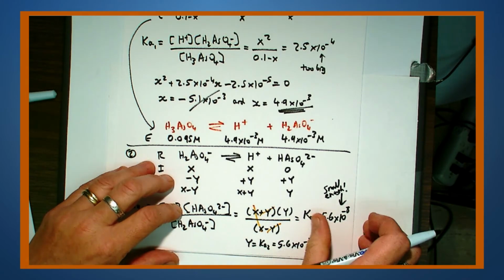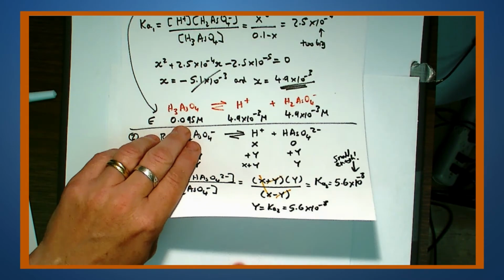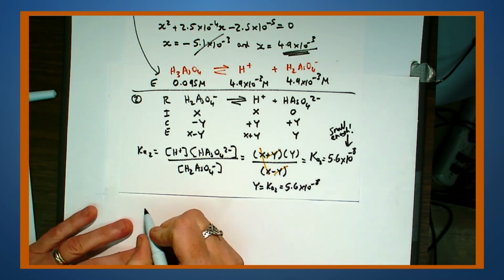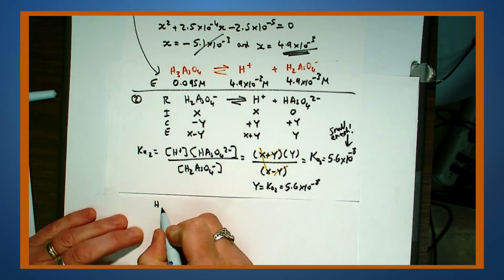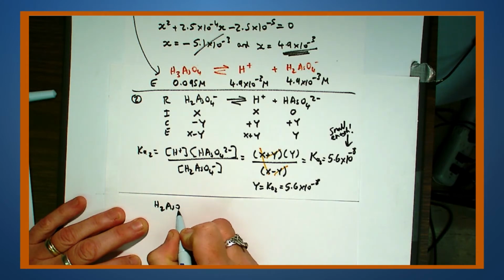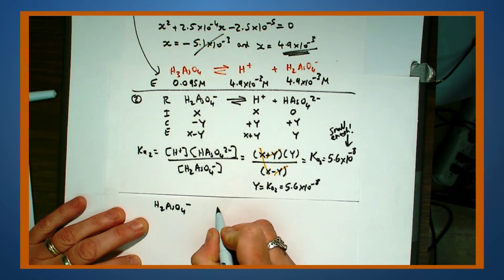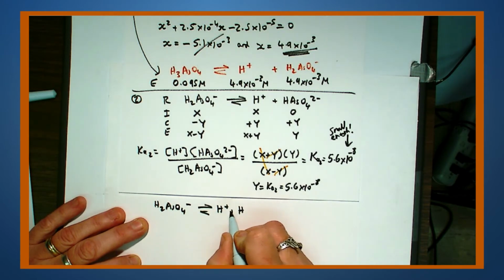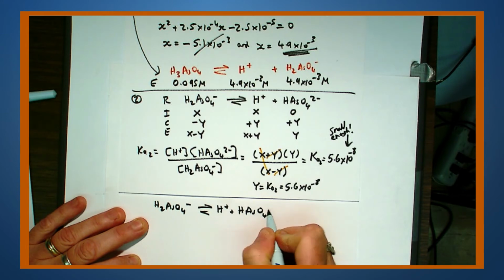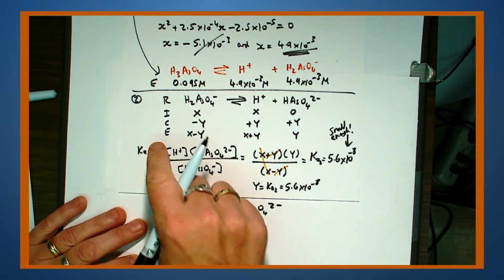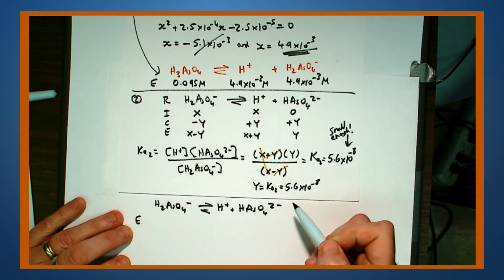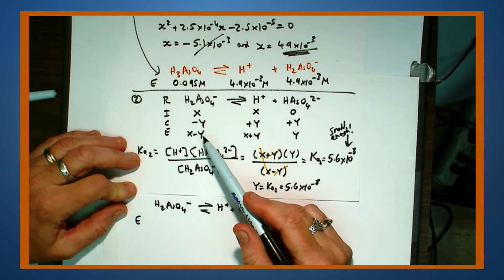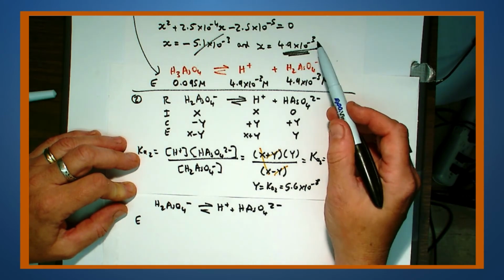Now let's put some numbers to that. You can see a bit more of the logic to it. Okay, so let's look at what the E line was here: H2AsO4 minus, H plus, and HAsO4 2 minus. Okay, so bringing down the E line. This first one is X minus Y. Well, X was 4.9 times 10 to the minus 3.